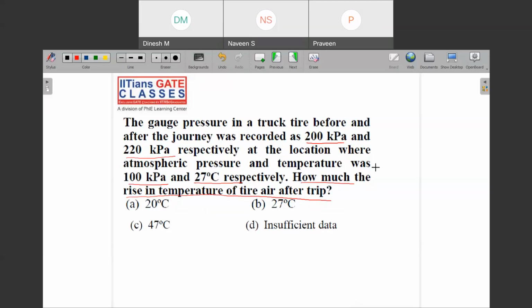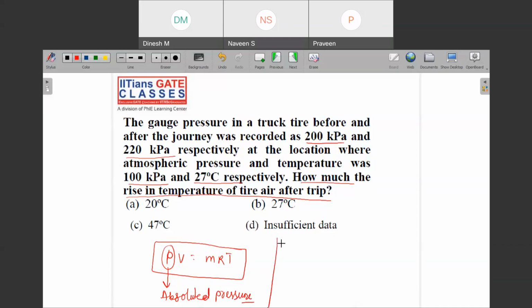One thing before solving this question: we have seen this equation PV is equal to mRT, right? The P which we are using in this equation is absolute pressure. This is never gauge pressure. So we will always use absolute pressure data here.